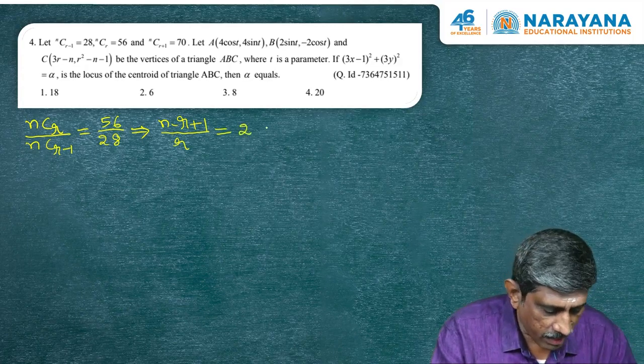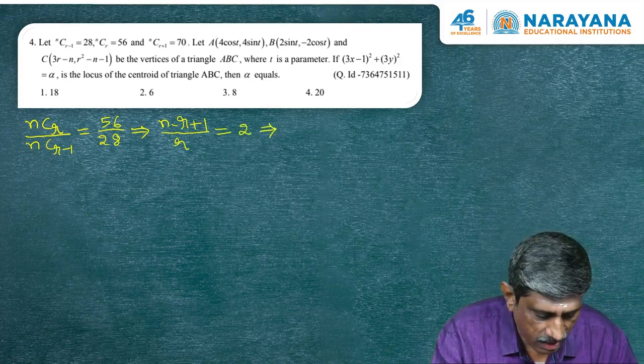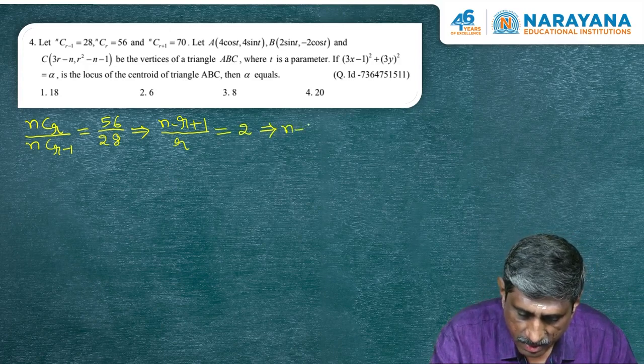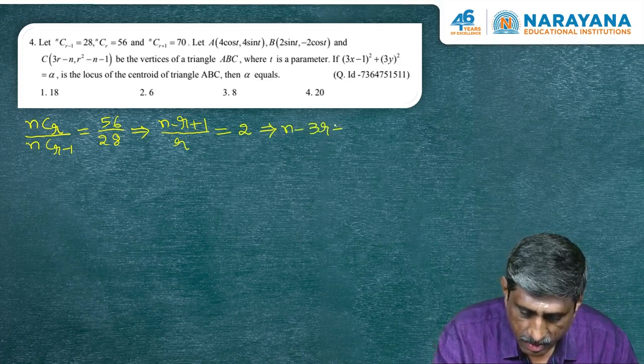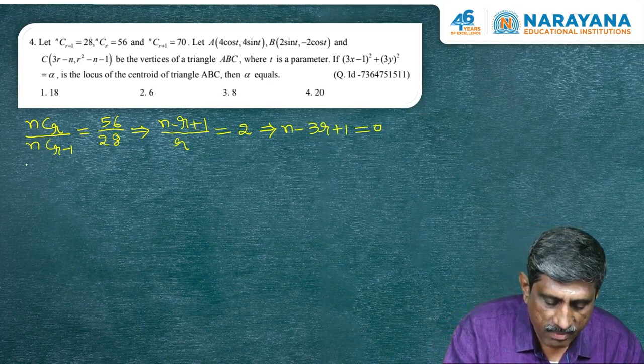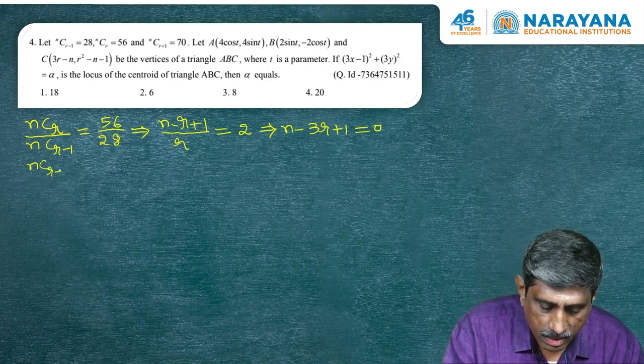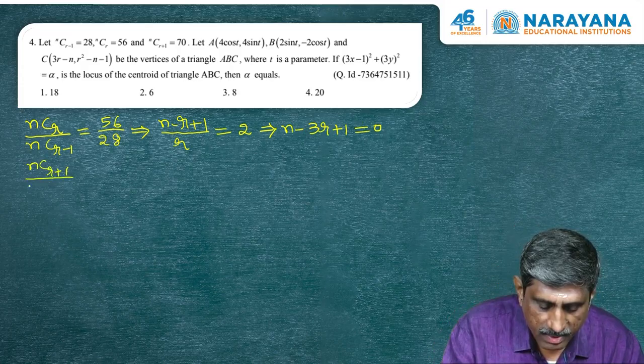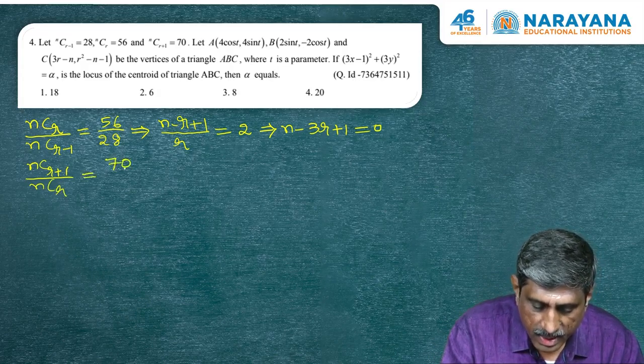When we simplify this, we get one equation, which is n minus 3r plus 1 is equal to 0.